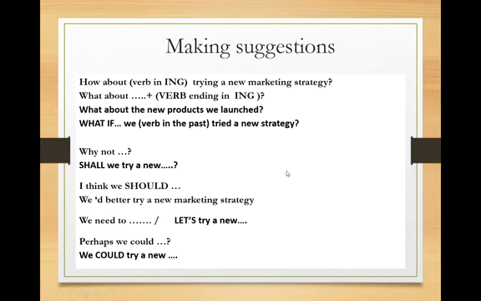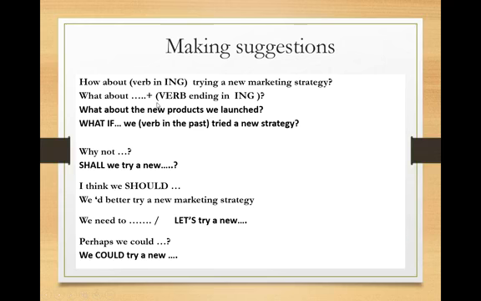Next, and the last slide, is making suggestions. How about trying a new marketing strategy? So this is making a suggestion, and we use how about plus verb in ing.